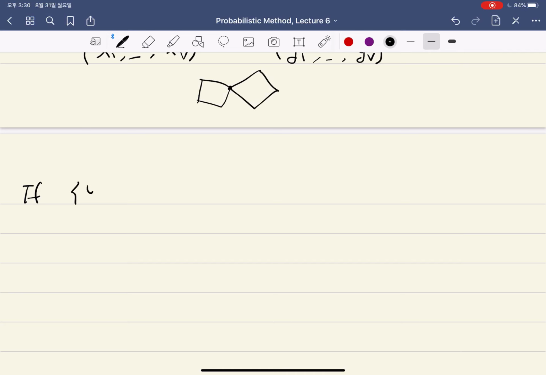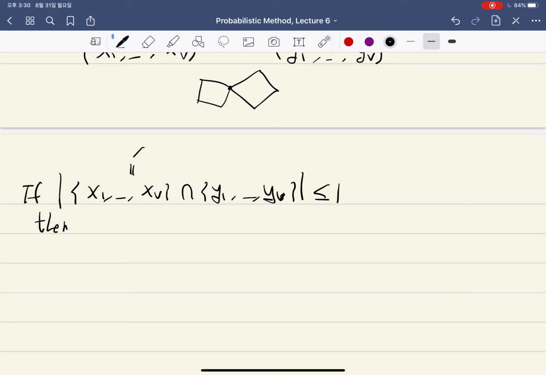So say the intersection of x1 to xb and y1 to yb has at most one vertex, and let's say these are x and y.